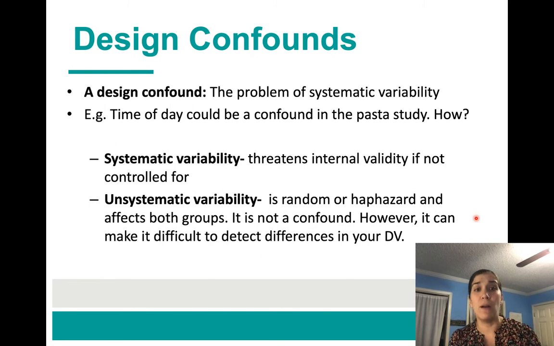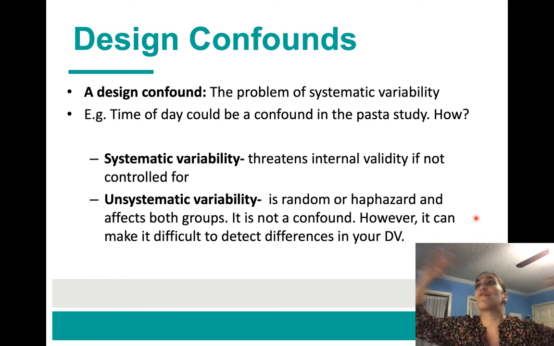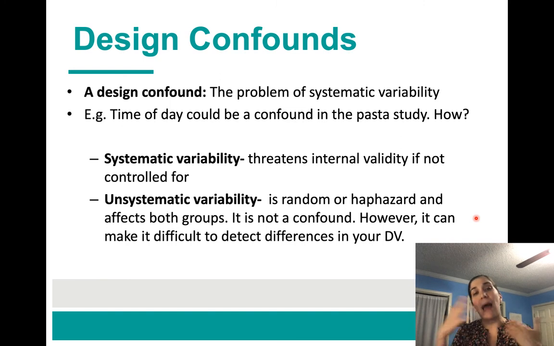We want to make sure the pasta type, because there are studies, awesome studies, that find that some pastas are more favored than others systematically. And so we're only worrying about systematic variability when we're talking about confounds. It's okay to have unsystematic variability. We can't make sure everything is the same. That would be impossible. That study would never exist. So we allow for unsystematic variability, just random variation between people, but we want to make sure we control for things that are systematically going to differ between groups.